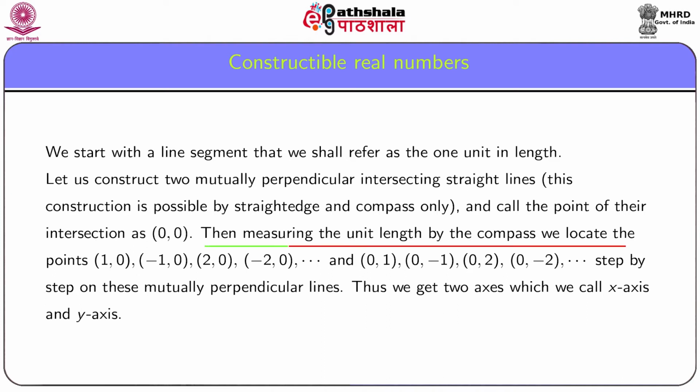Then we can measure the unit length by compass and locate the points (1, 0), (-1, 0), (2, 0), (-2, 0) and (0, 1), (0, -1), (0, 2), (0, -2) and so on, step by step on these mutually perpendicular lines. Thus we get two axes which we call the x and y axis.